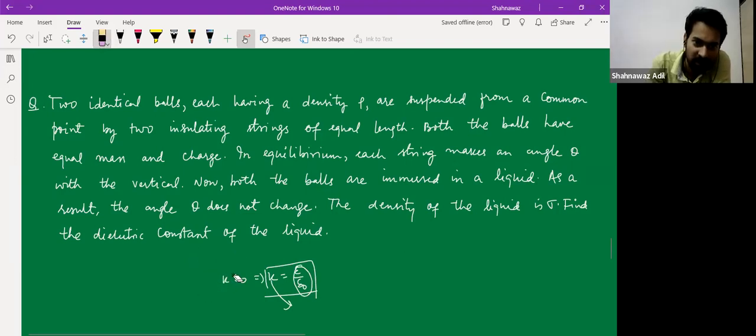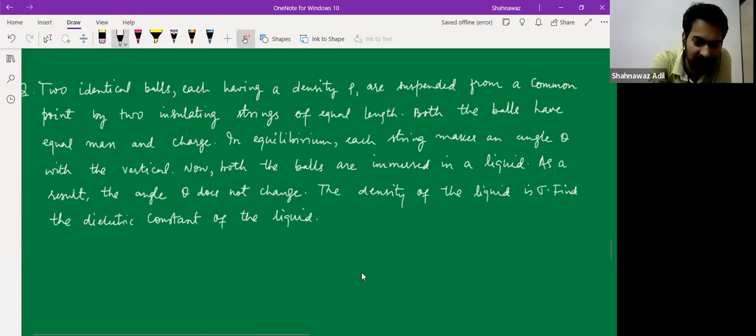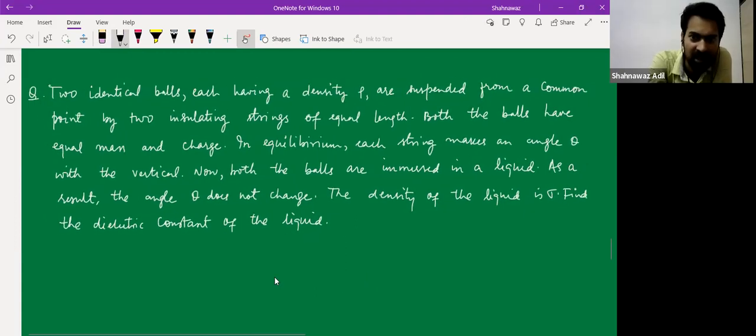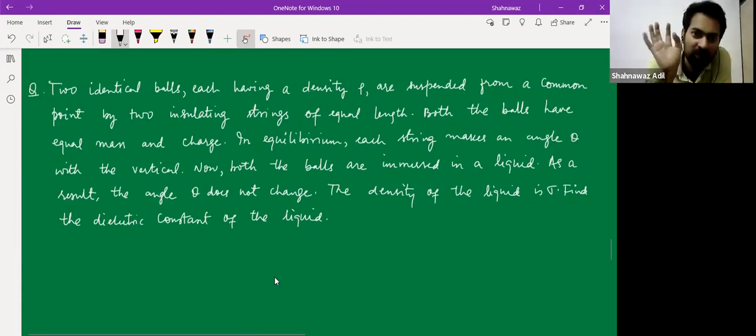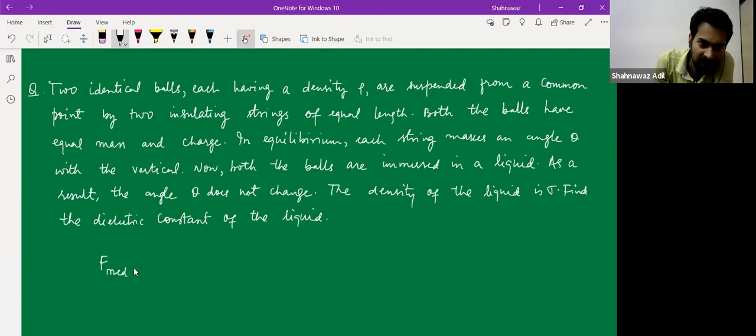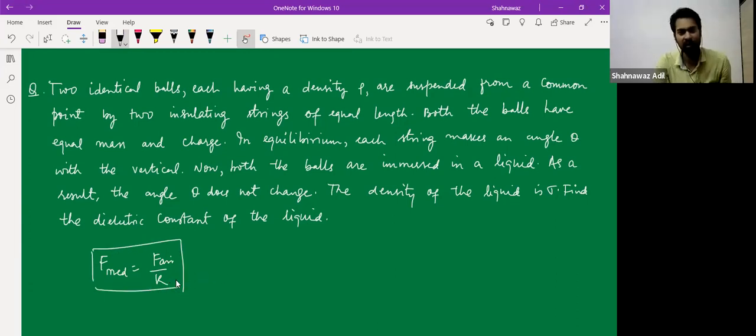Okay, so what is the effective diagram? I was telling that whenever you place some charge in some medium, the force gets decreased, right? You already know this. So F medium is F by K, right? Right, guys? This we know.